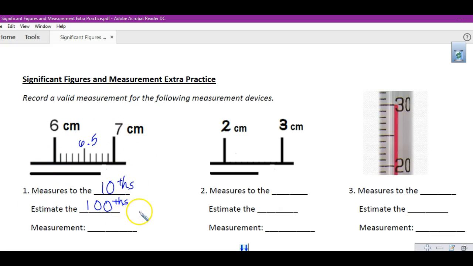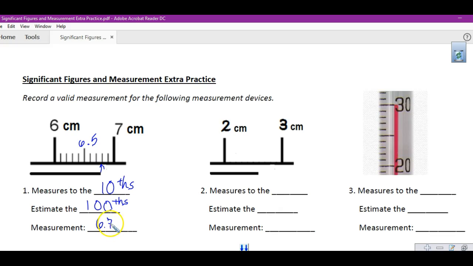So when we say estimate to the hundredths, that means that when you record your measurement, you must have a digit in the hundredths place. That should be the last digit in your measurement. So when we look at this, let's say, we'll draw a little line up. It's almost not quite to 6.8. So I'm going to record that as 6.7.